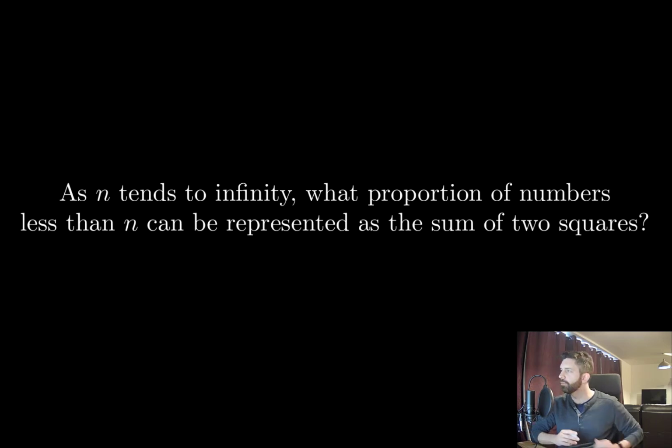So one of my thoughts is maybe if we can figure out some properties, like if a number can be written as a sum of two squares, maybe there are some other properties that it has that would make the proportion of numbers that can be written like this a little bit more obvious.